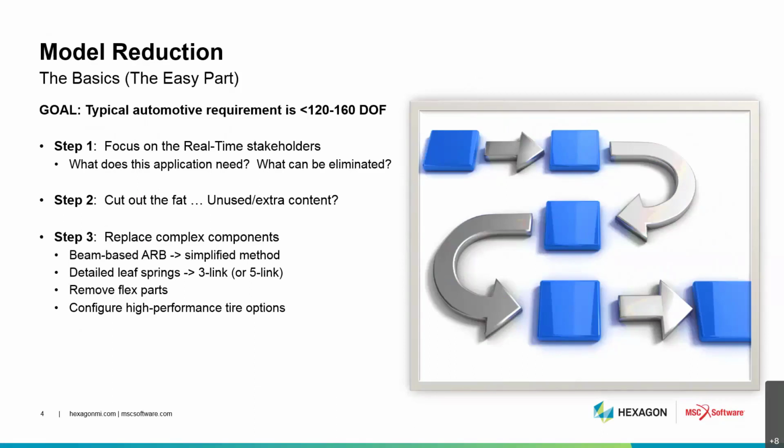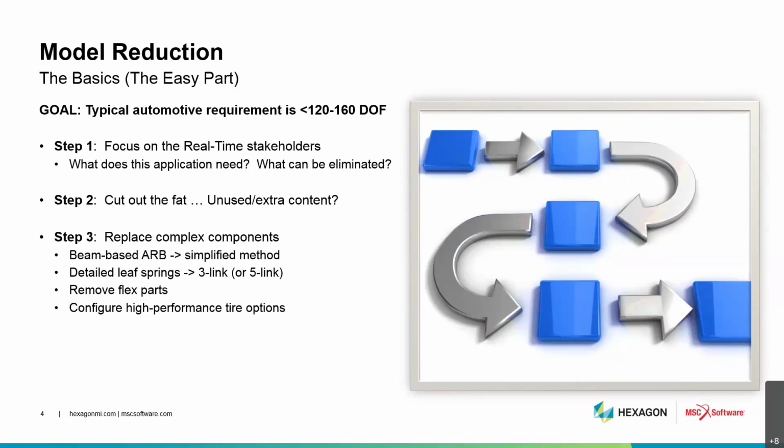So getting into this model reduction process, I'm going to start with the easy slide here, which is the big hitters. First thing is decide who you can cut out of your life. This model, often on the vehicle side of things, is focused on satisfying a lot of different stakeholders, but the real-time model does not have the same stakeholders.